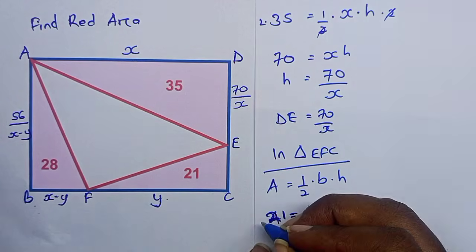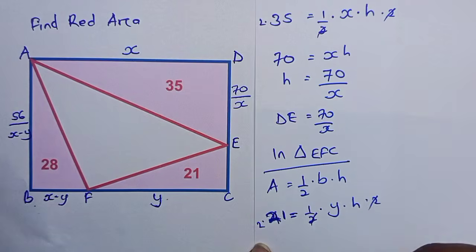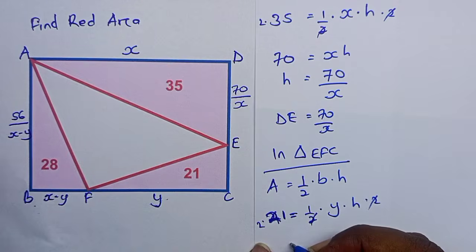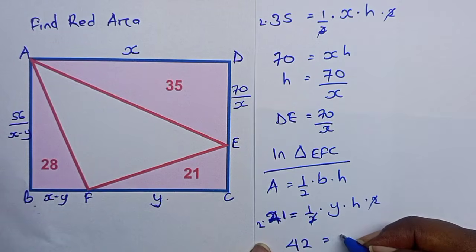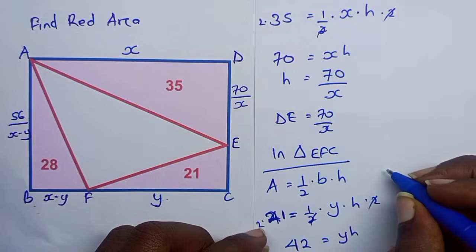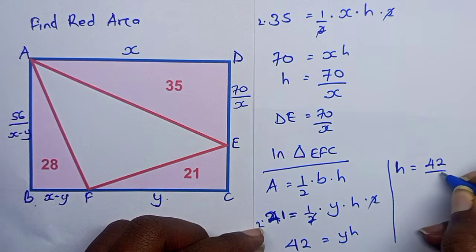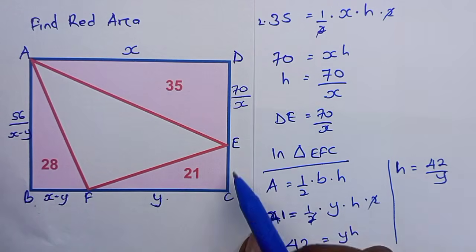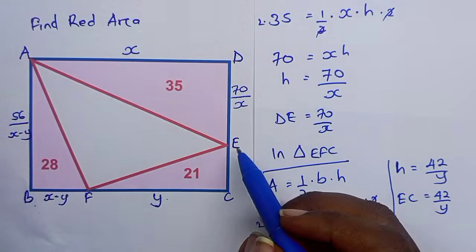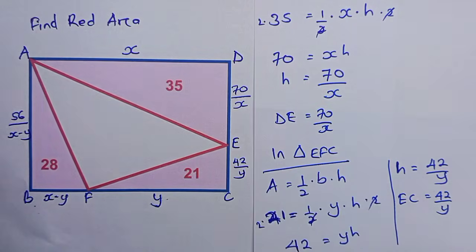So multiply by 2 on both sides. So this cancels, and therefore 2 times 21 is 42. So 42 is equal to yh. We make h the subject, so h is equal to 42 over y. And our h is EC, so EC is 42 over y. So from here to here is 42 over y.